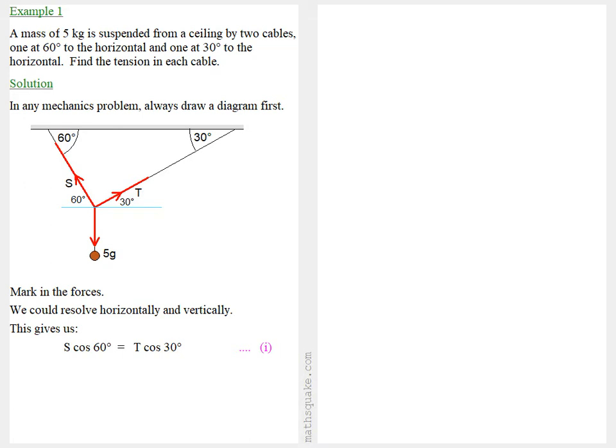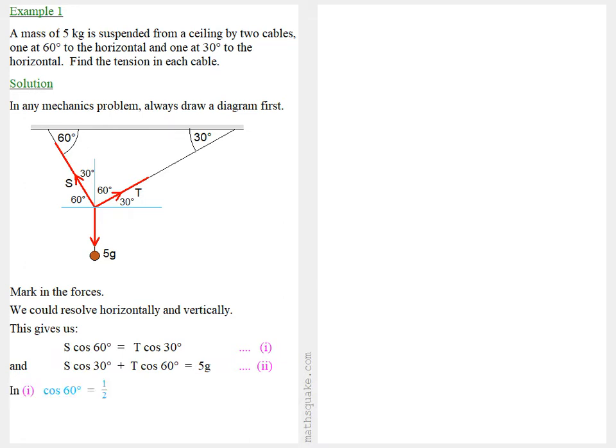We can call that equation 1. And if we resolve vertically, the angle between S and the vertical is 30, and the angle between T and the vertical is 60 degrees. So we get S cosine 30 plus T cosine 60 is 5g. We can call that equation 2.